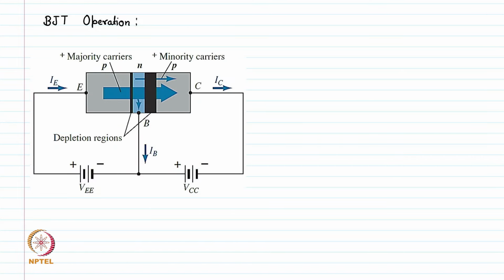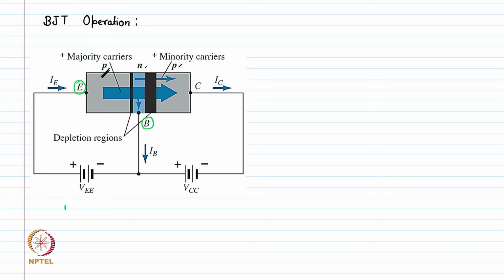We have a P region, we have an N region, and we have again a P region. Then we bias this device in such a way that the first terminal is called the emitter here. So, this is the emitter junction and this is our base junction. So, the emitter and base junction is forward biased.